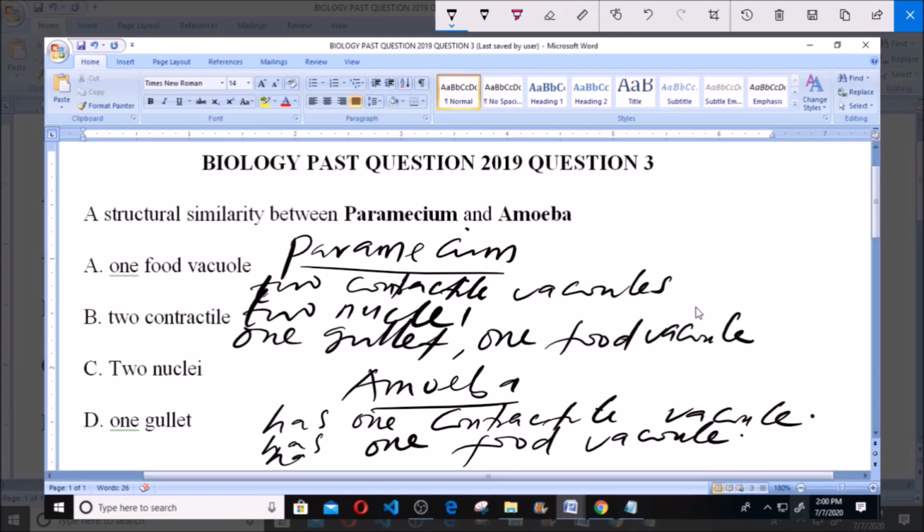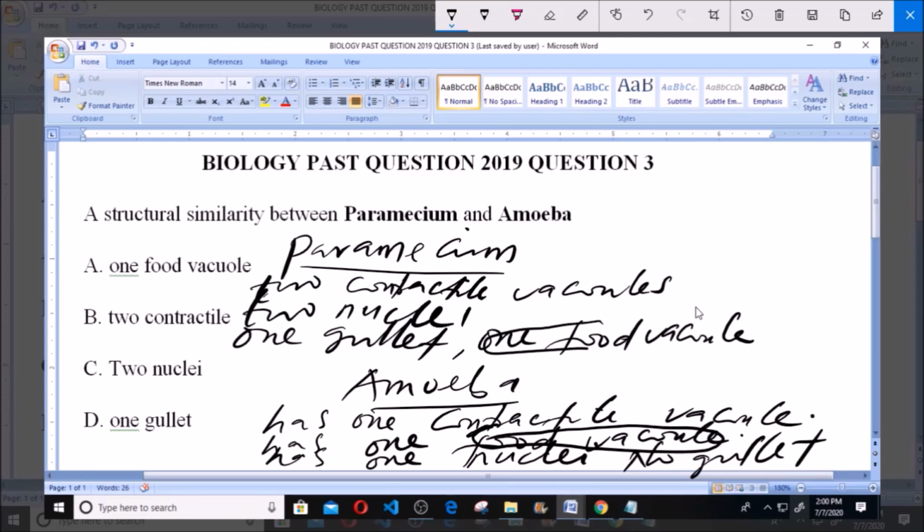It has 1 nuclear, and it doesn't have a gullet, no gullet. Now, based on the features I listed, the only similarity between an Amoeba and a Paramecium is the food vacuole. They both have 1 food vacuole. So our answer here is A, 1 food vacuole.